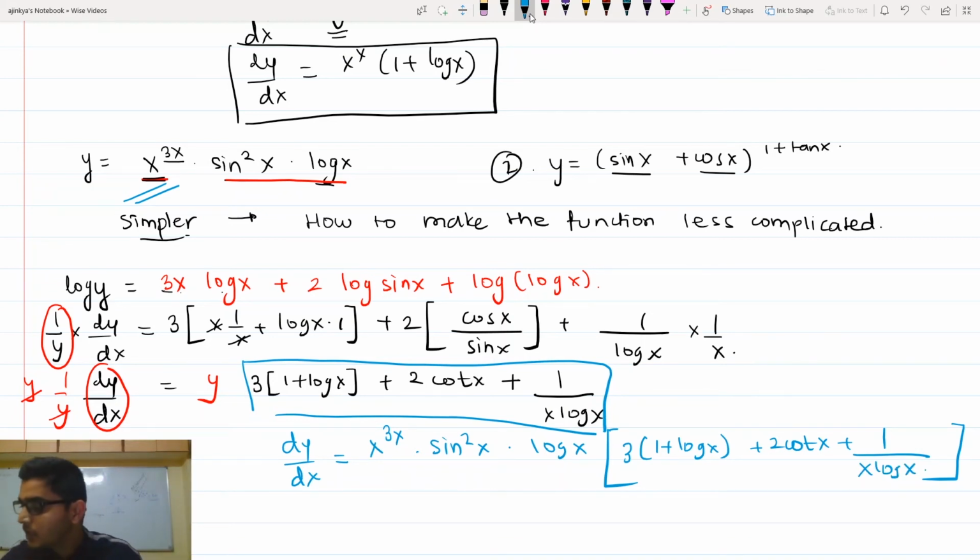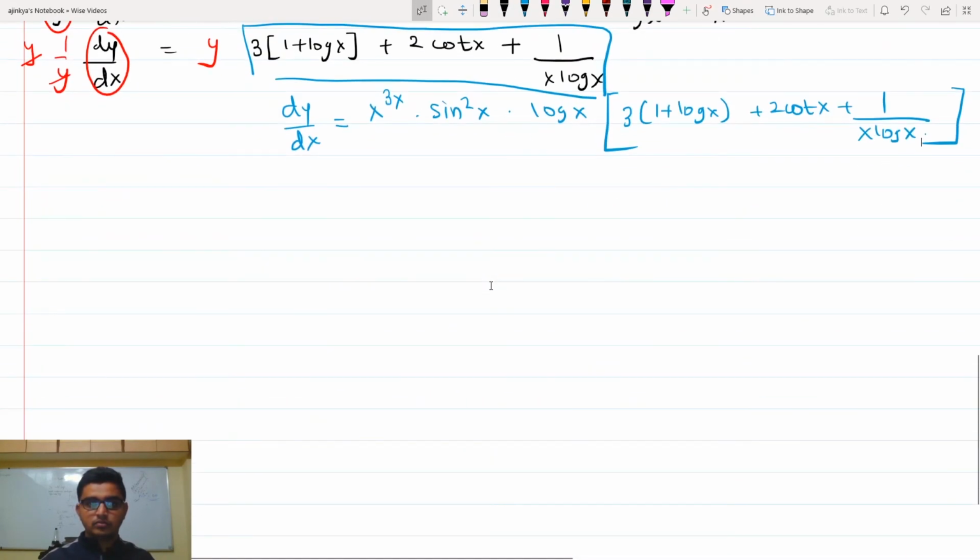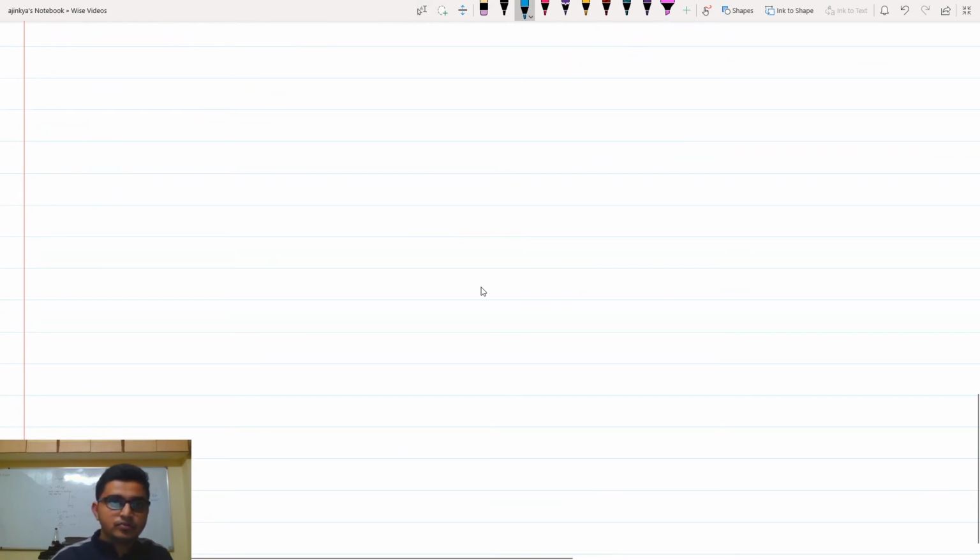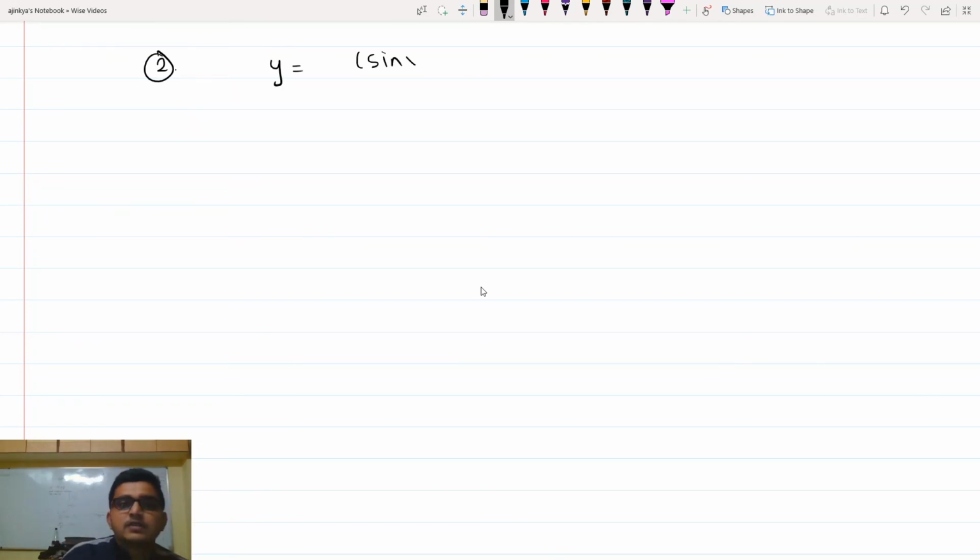Now we'll take the second example, which is y equals to sine of x plus cos of x raised to 1 plus tan of x.